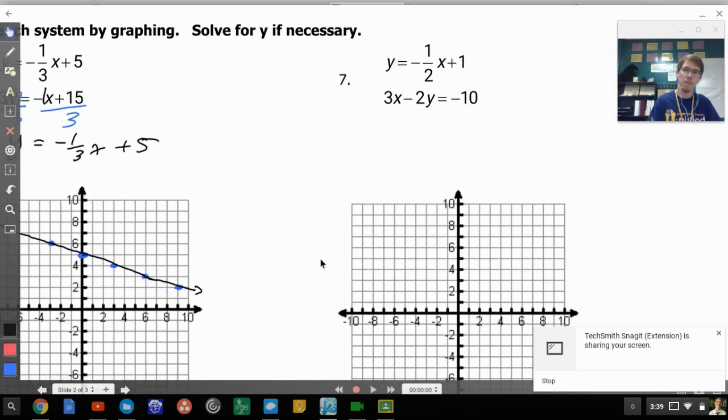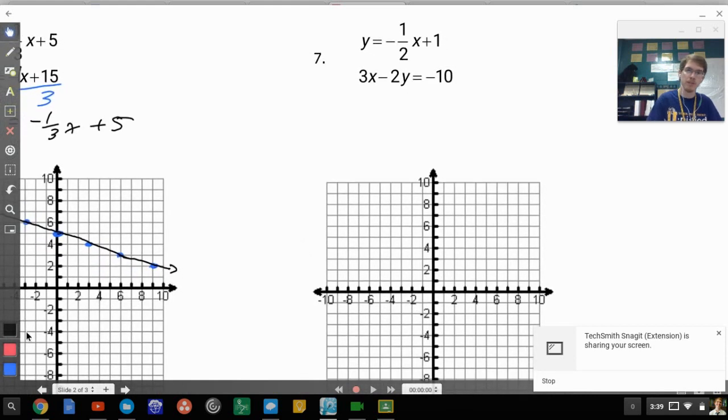Number 7. We can graph that first line easily. For the second one, let's get y by itself. Starting at 1, and it's negative 1/2.